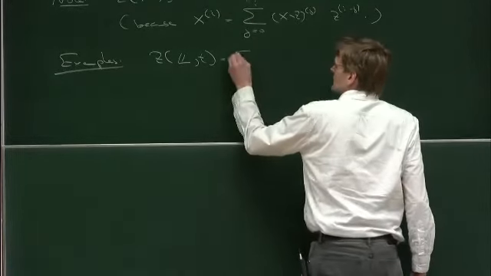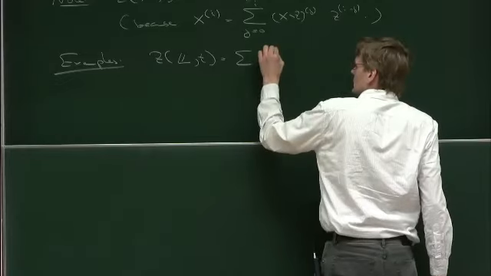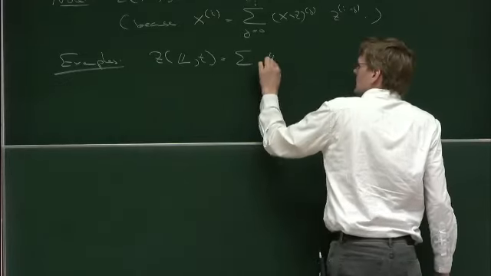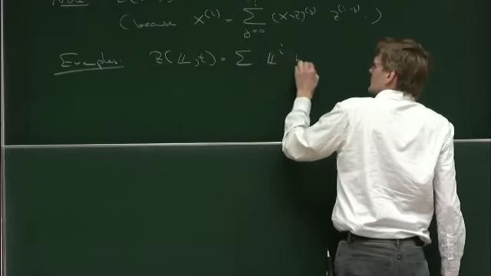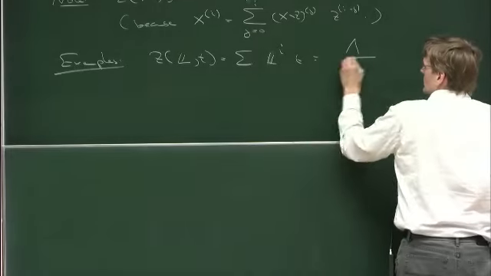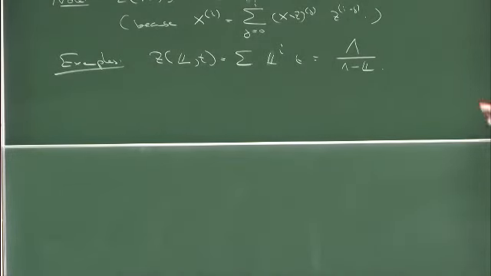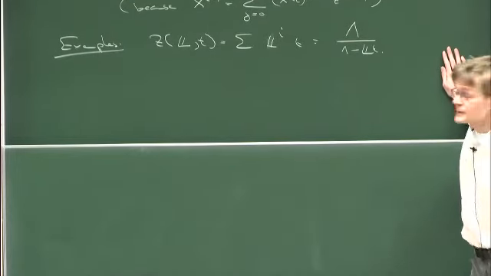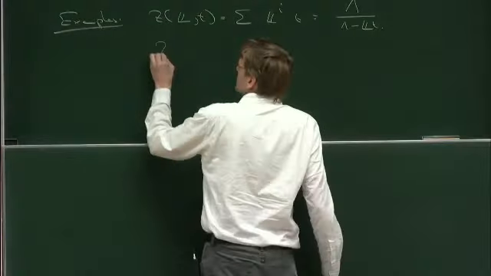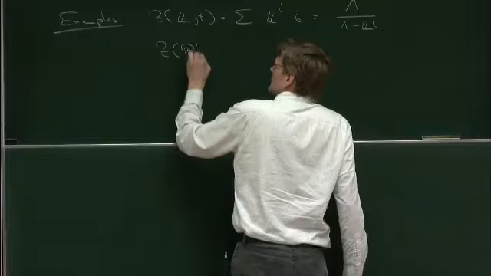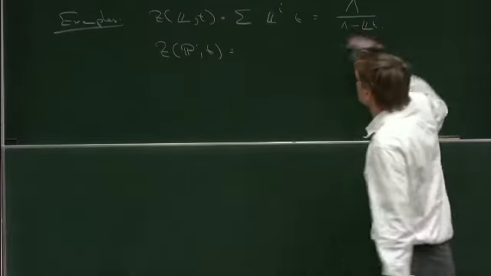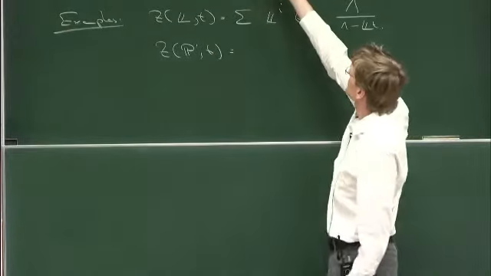So this is the sum over i of L^i times T^i, and this is just 1 over 1 minus LT. That is just a geometric series. There's nothing happening. If you know this, then you know this because of this relation.